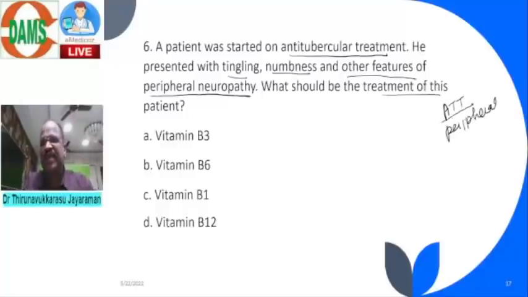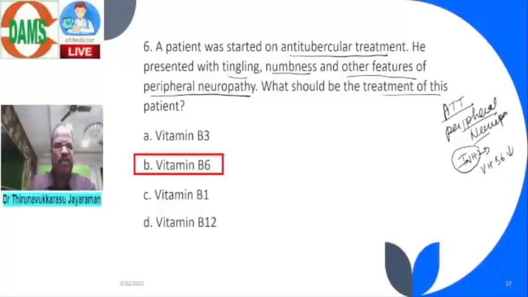Whenever we say an anti-TB drug causing peripheral neuropathy, it is mostly isoniazid. Isoniazid therapy causes vitamin B6 deficiency, pyridoxine deficiency. So here you should replace with pyridoxine. So the option is B6. This is a regular teaching, a very easy question.